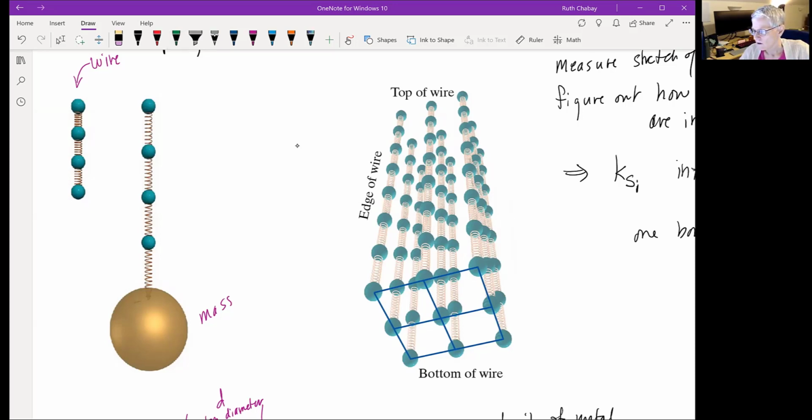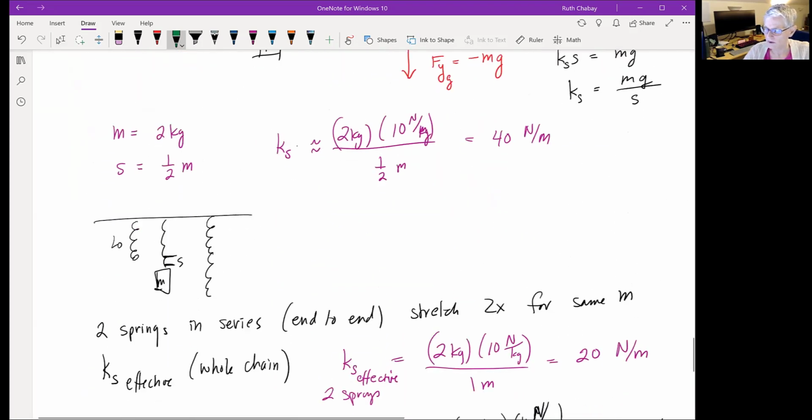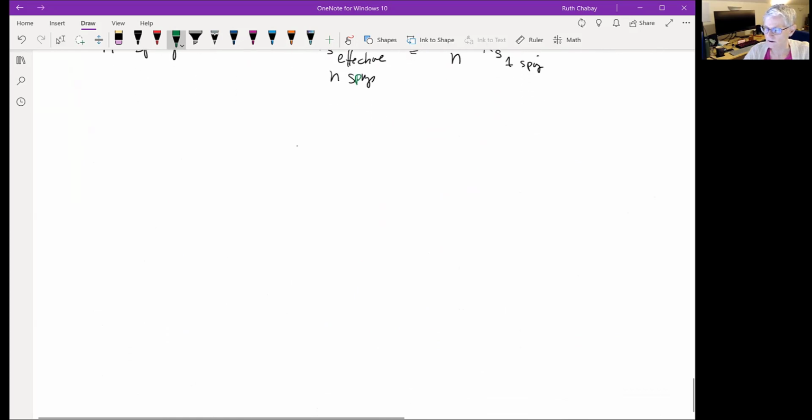But what we don't know what to do with is the fact that we've got more than one chain parallel to each other. And so the question indeed, Seth, is do parallel springs operate the same way? So let's think about parallel springs.